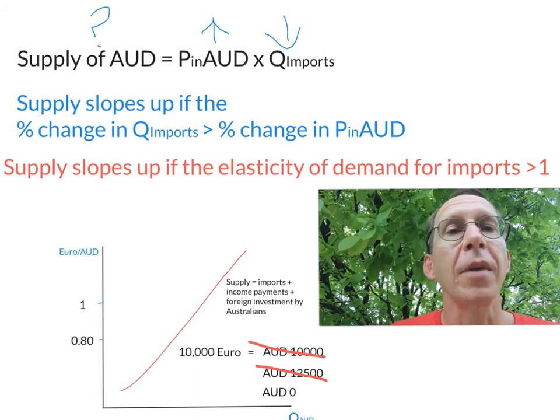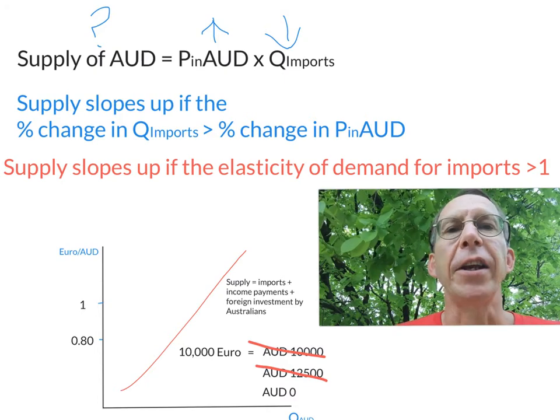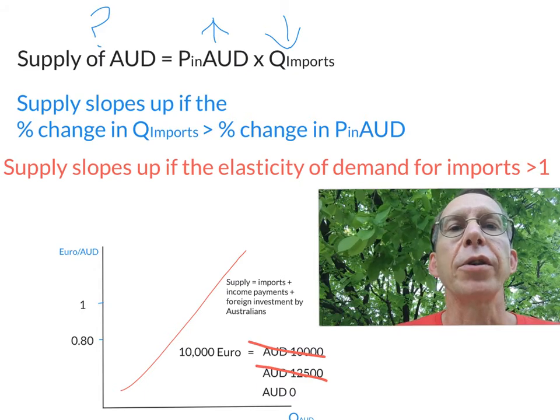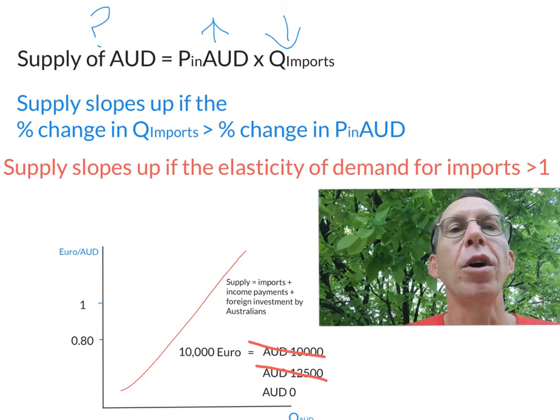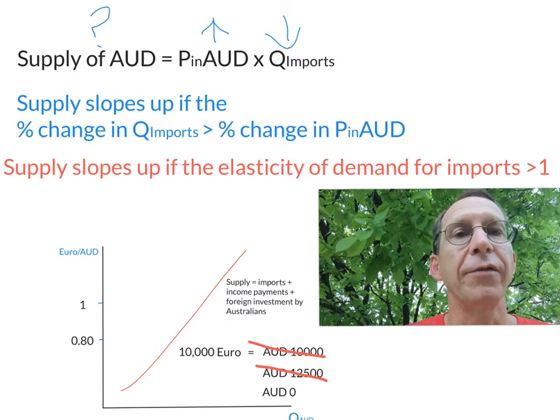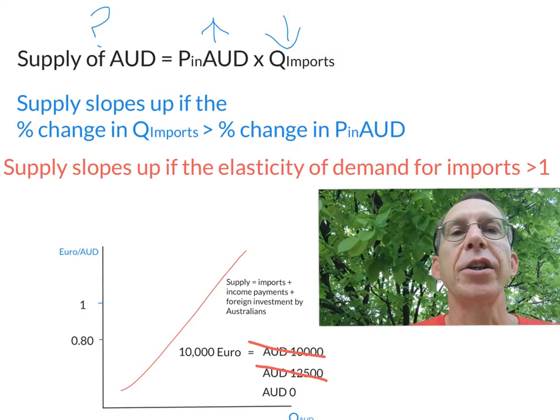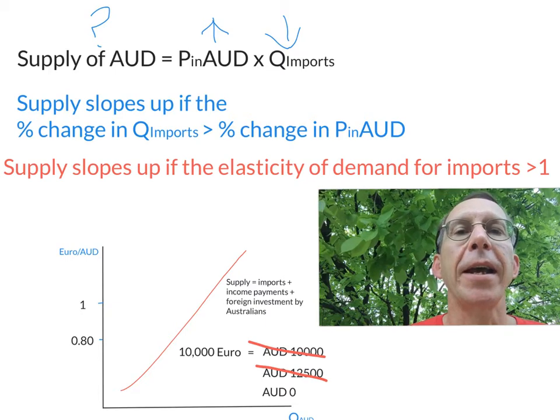Now, if you just want to move on to the policy discussion, skip the next video, come back to it later if you're interested. If you want to get into the argument about exactly why the supply and demand curves slope in the right direction, look at the next video, it's up to you. But for the continuation of this discussion, let's work on supply sloping up and demand sloping down.